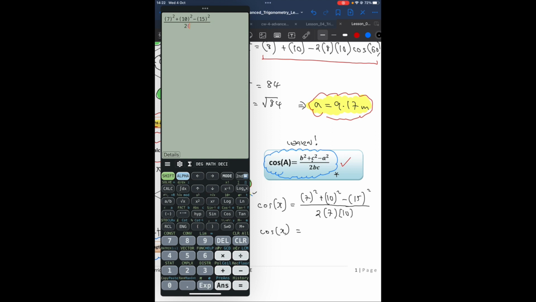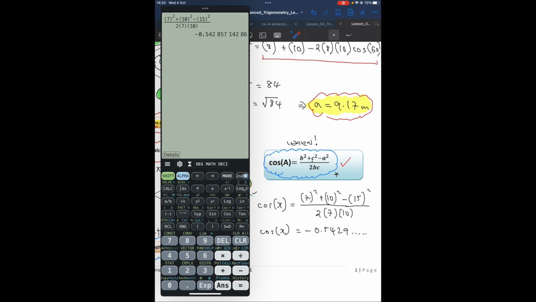I'm going to go down, and then at the bottom I'm going to have 2, open bracket 7, open bracket 10, and I get this value of minus 0.54285, etc. Now, it looks incorrect, but that's actually the correct answer. So I'm just going to write this down to, let's say, 4 decimal places.